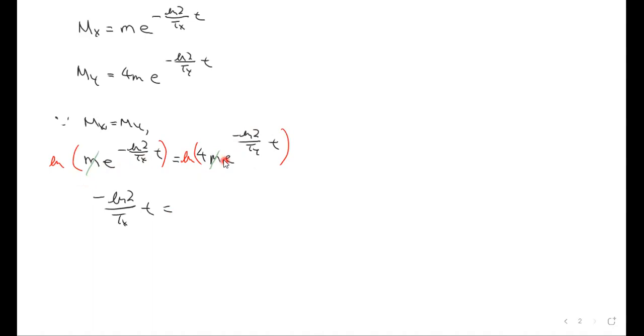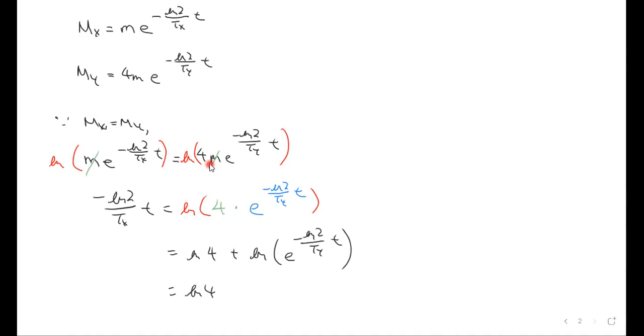Now the log on the right-hand side is more complicated, but it's not too bad. You just need to think of it as 4 times the exponential, which means you can think of it as log 4 plus log of the exponential, using your log laws.